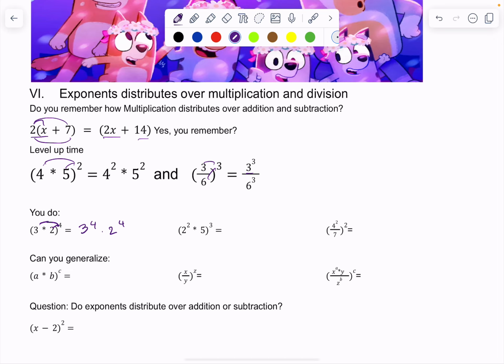I'm gonna leave it there, even though this does equal 81 times 16. Don't want to actually do that math off the top of my head. Fine. 81, 16, 6, 48, 1, 8, 6, 9, 12. There you go.